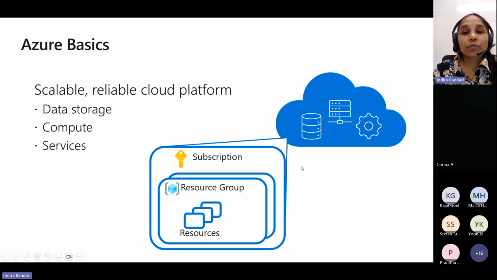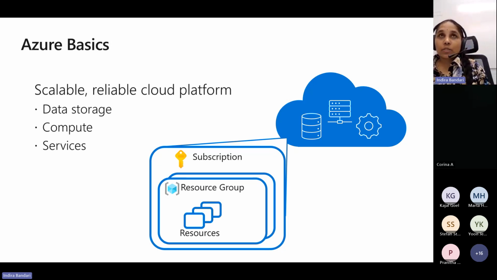So this is subscription, resource group and resources. Azure is a scalable and reliable cloud platform. It also has data storage where you can store files of different formats: Excel files, CSV files, Parquet files, you name it.